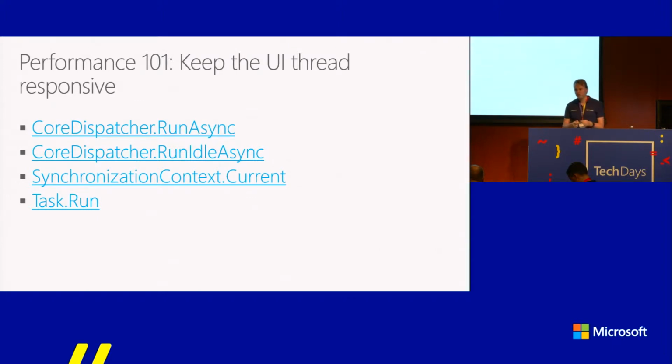So while your long-running task is running, you can check on the event if there's additional work being done, and you can cancel your background work and post it again on the idle dispatcher, and then you can continue your work when your UI thread becomes idle again.